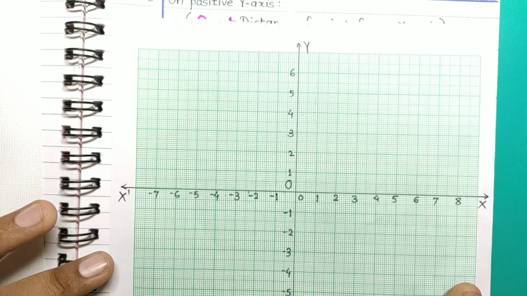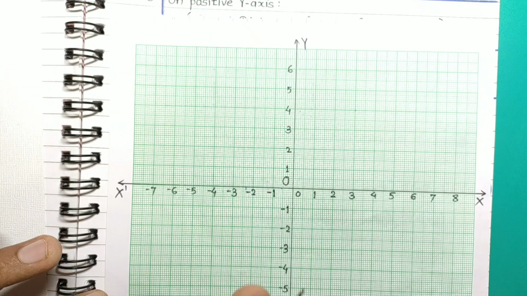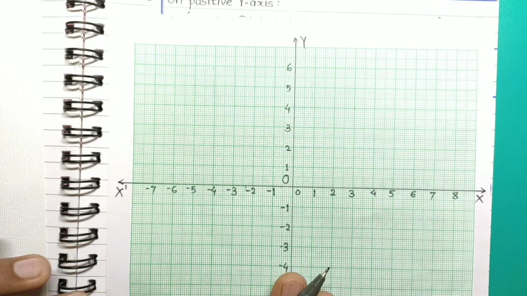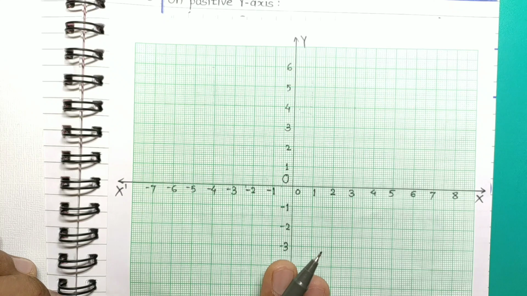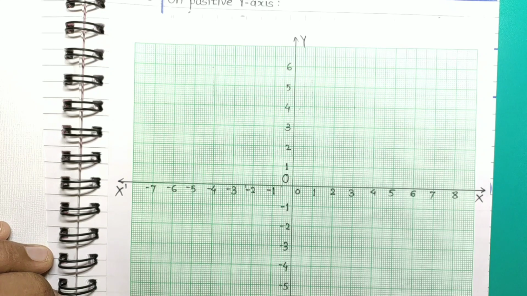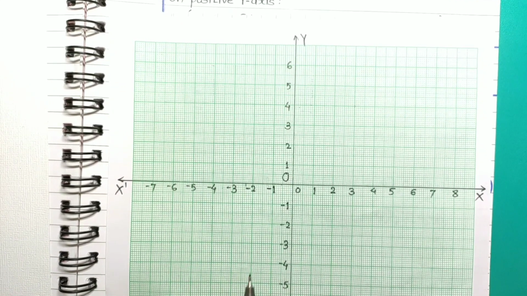You note first the signs of coordinates of that point. The x coordinate is -4 and the y coordinate is 4. So the point will be in the second quadrant. Its distances from the axes are 4, 4.